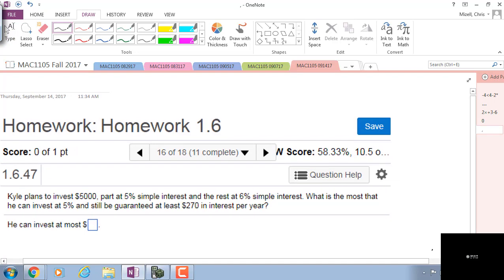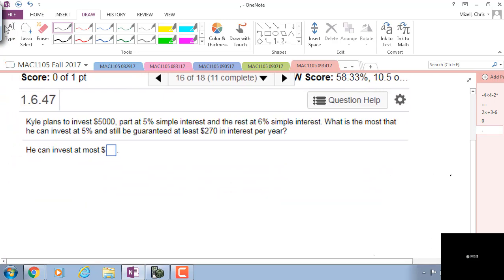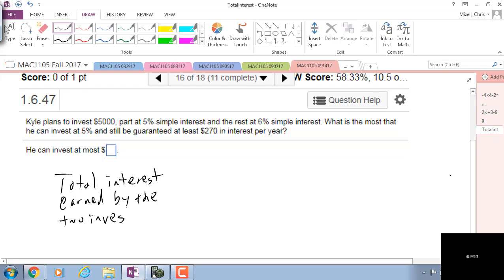This looks kind of like one of our linear equations that we did in a previous section. So the total interest earned by the two investments has to be at least $270.